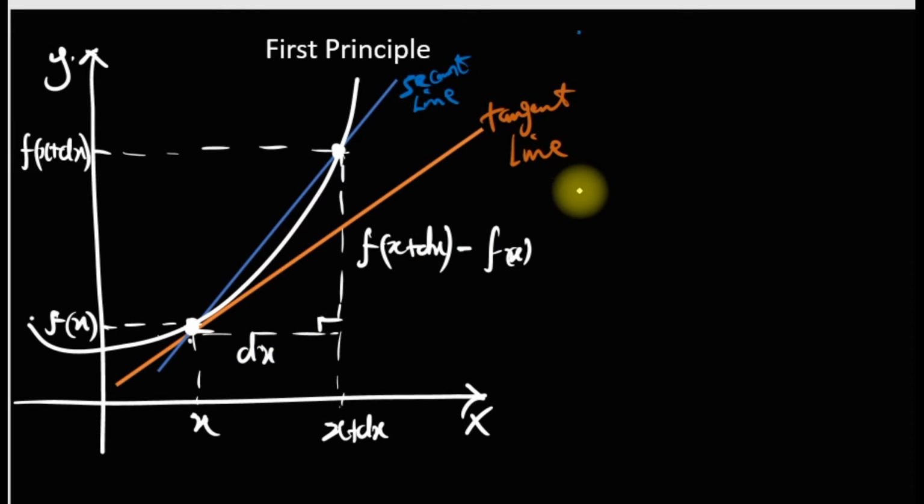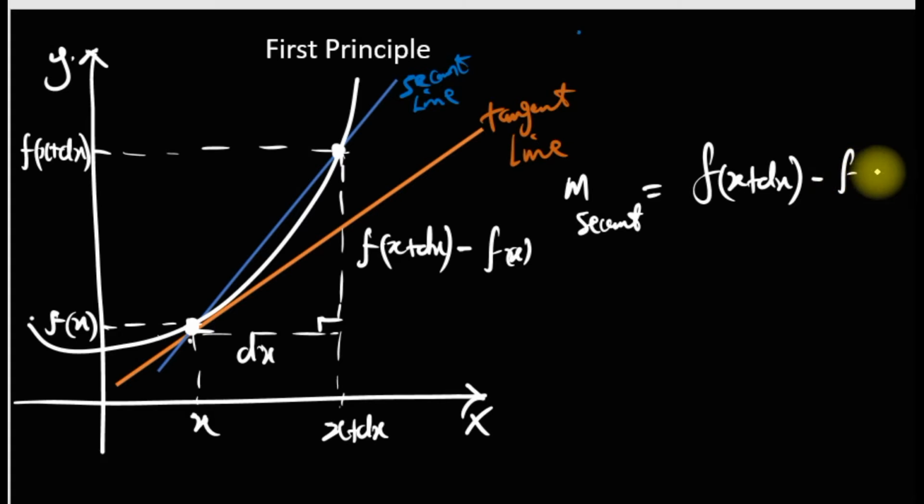So the slope of the secant line, m of secant line, is f of x plus dx minus f of x over dx. But remember, what we want to find is the slope of the tangent line.